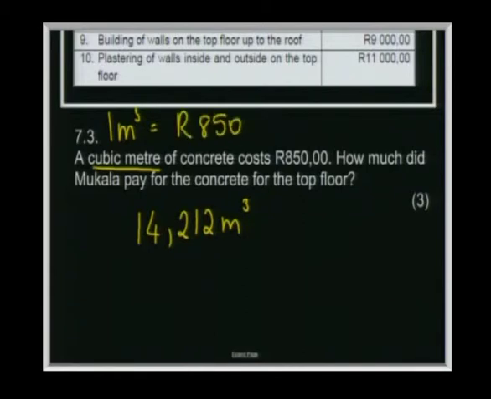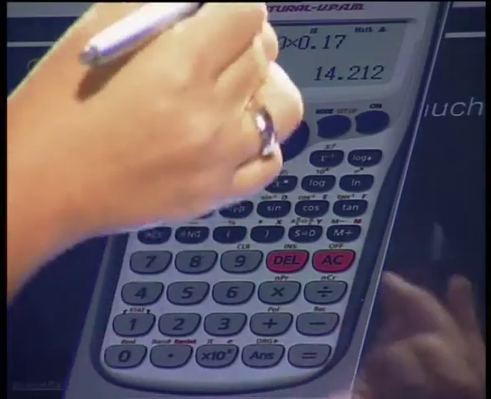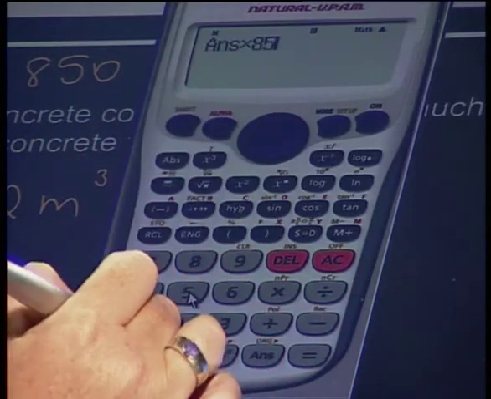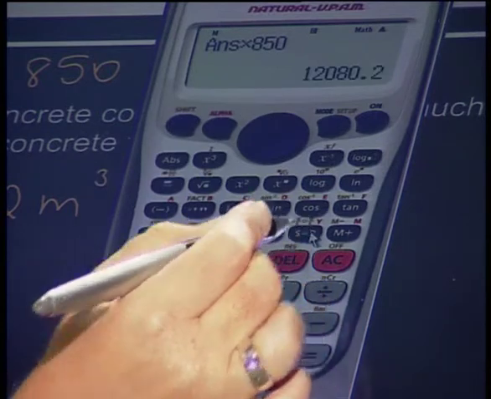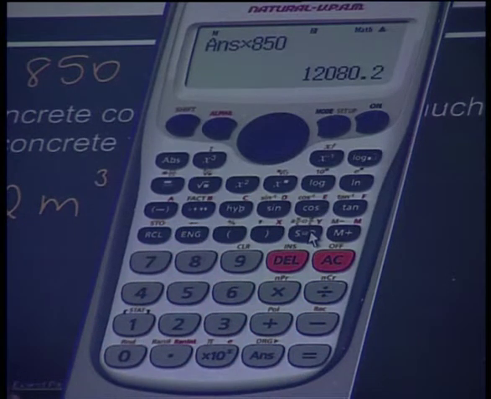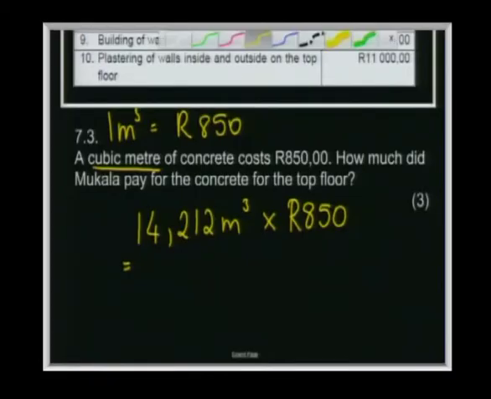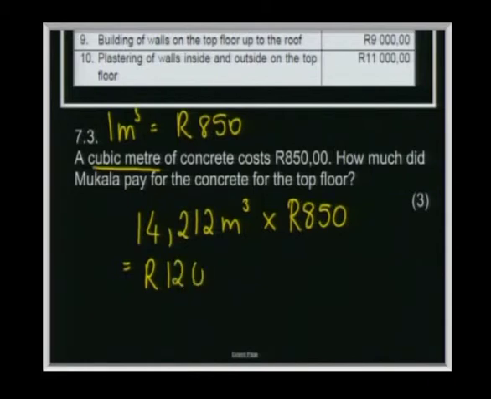So in order to find out how much this is going to cost, I need to times this by 850 rand. And I can take my answer that I had on my calculator and times it by 850, which gives me an answer of 12,080 rand and 20 cents. Right, that looks good. Let's go on.